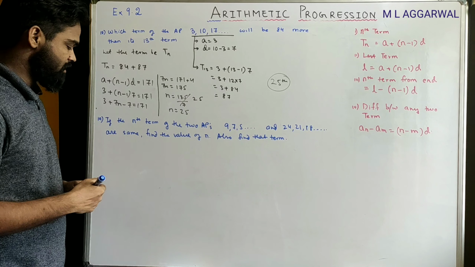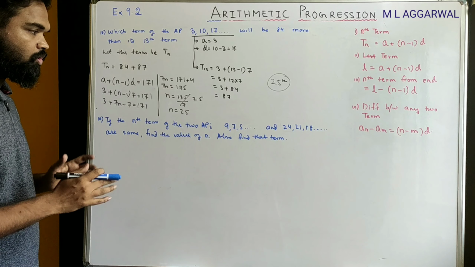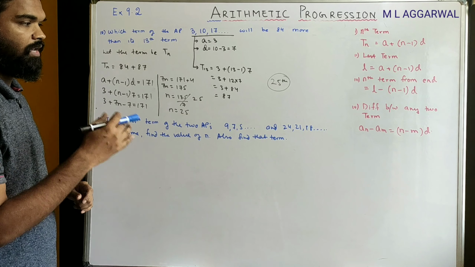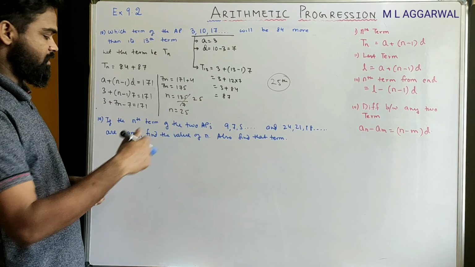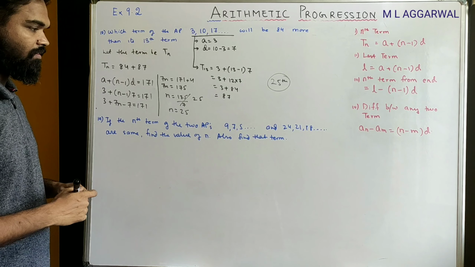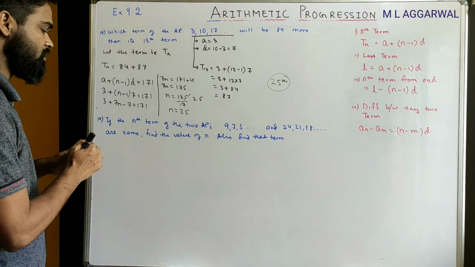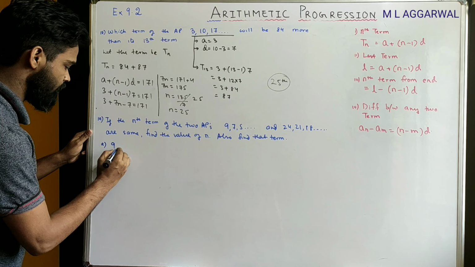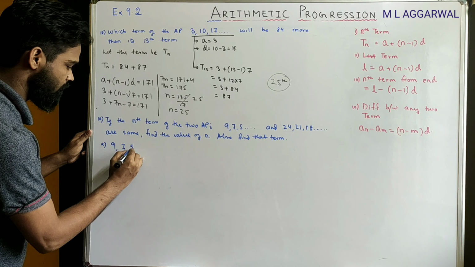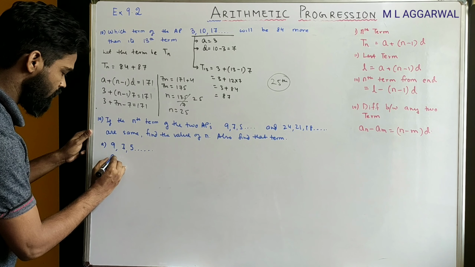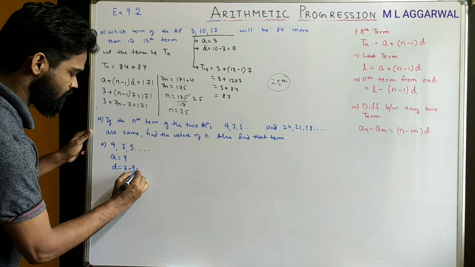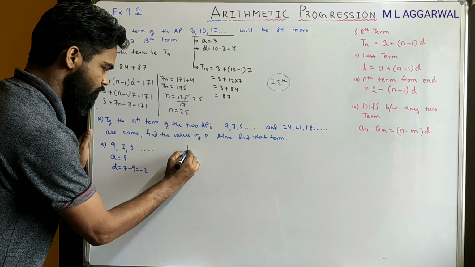Now look at sum number 19. If the nth term of two APs, there are two APs, 9, 7, 5 and 24, 21, 18 are same, find the value of n, also find that term. Very easy. See, the first series is 9, 7, 5, dot, dot, dot. Over here a is 9 and the common difference is 7 minus 9, that's minus 2.